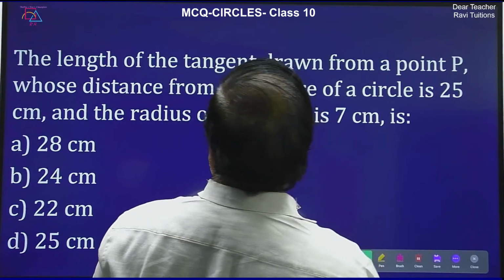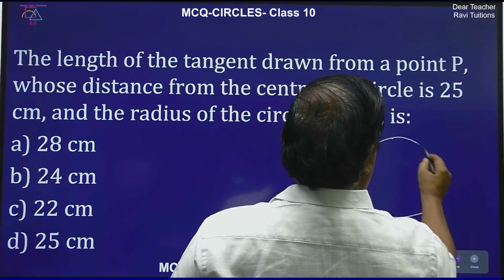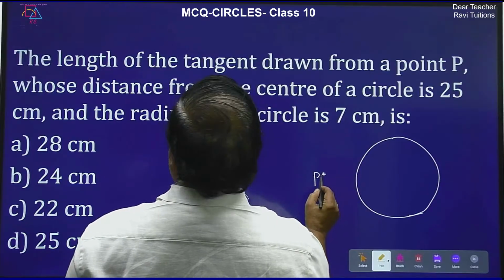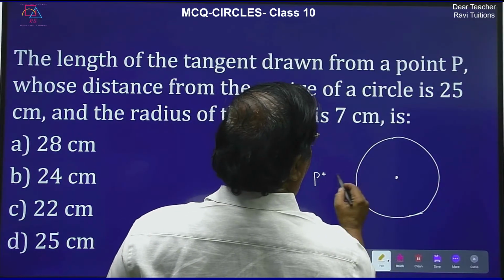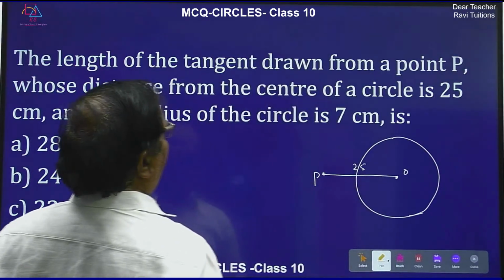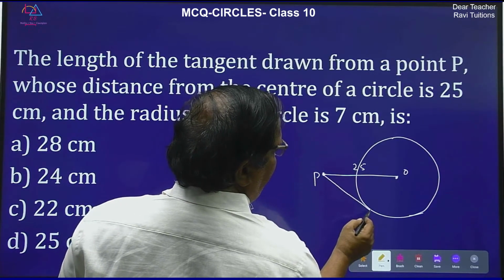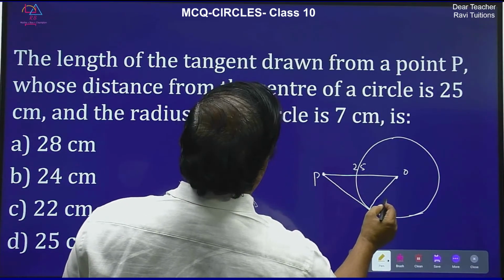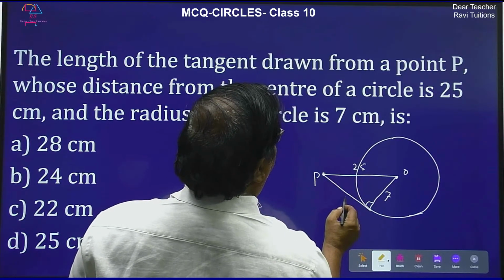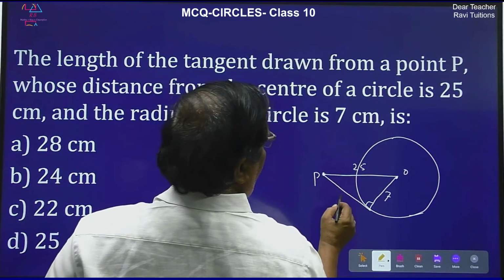Draw the diagram, then you will come to know. P is a point outside. The distance between P and O is 25, and the radius is 7. This is the tangent and this is the radius. Now you have to find the length of the tangent, that means this one.